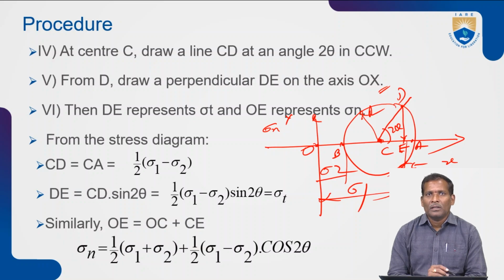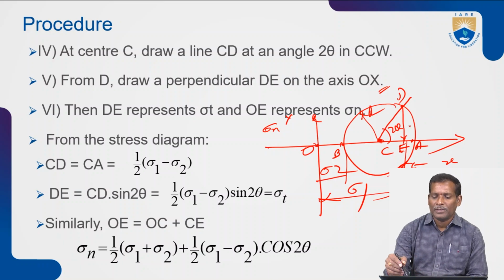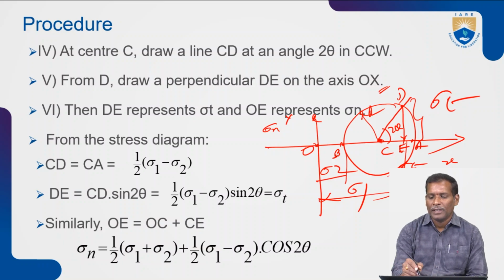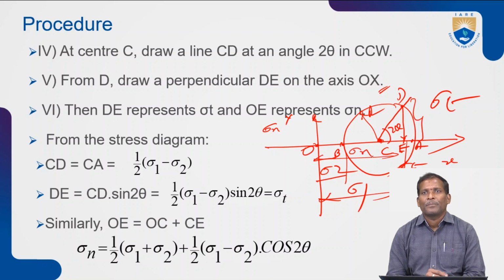From point D, draw a perpendicular DE on the X axis OX. Then DE represents sigma t and OE represents sigma n.